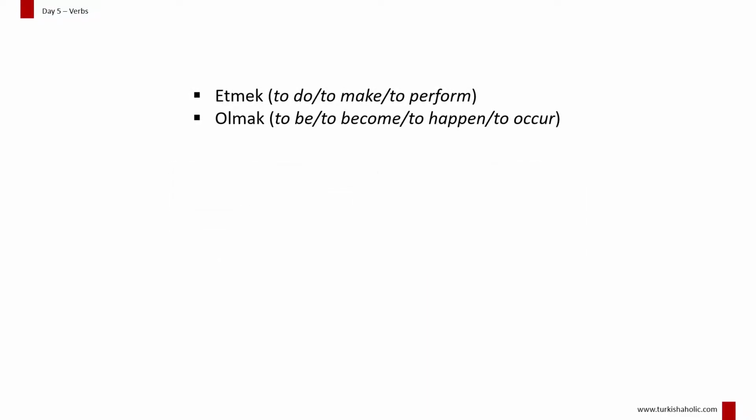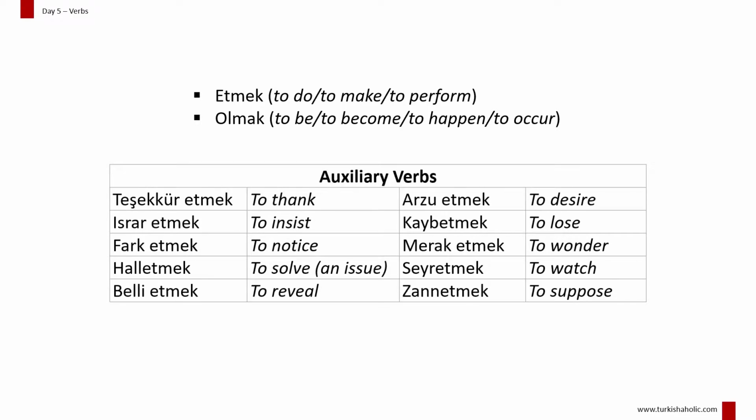You will see some verbs in Turkish that are composed of two words, a noun and a verb. Sometimes these verbs are only a single verb in English when translated, so be careful. The primary auxiliary verbs in Turkish are etmek, which means to do, to make, or to perform, and olmak, which means to be, to become, to happen, and to occur.